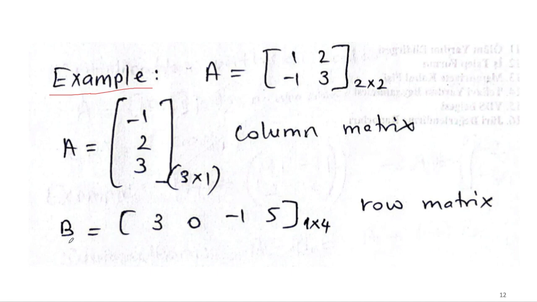And here another example with matrix B, where this is called a row matrix. So here we need to be a little familiar with the linear algebra terminology. So we can go over these terminology slowly and make sure you can follow the matrix algebra.